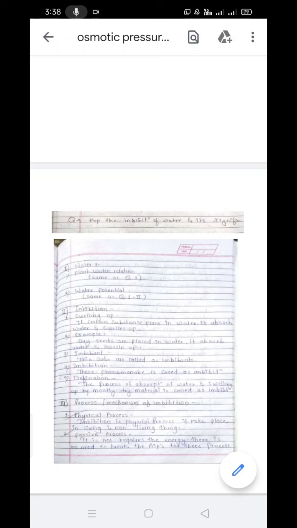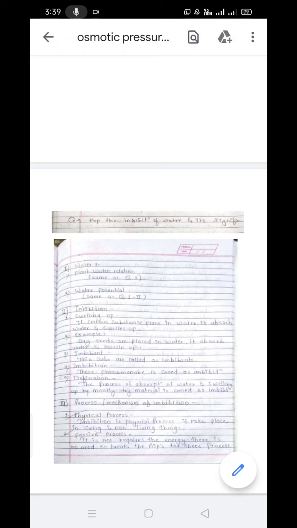For example, if we place a dry seed in water, it absorbs water and swells up. So these substances are called imbibants. मतलब यहाँ पे हम जो ड्राई सीड यूज़ कर रहे हैं उसे हम imbibants बोलेंगे, and this phenomenon is called imbibition.